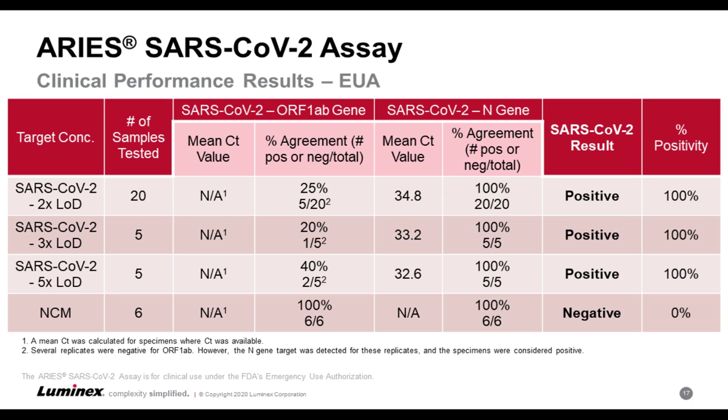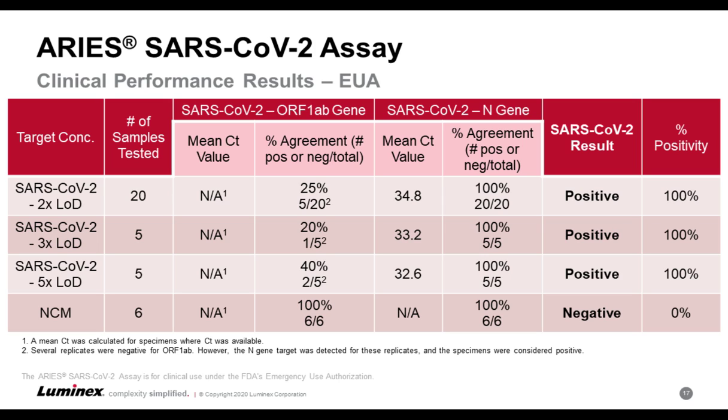We also did very similar experiments to determine the limit of detection for the Aries SARS-CoV-2 assay. In this case, we just did several dilutions and then determined what concentration of the material we could pick up 19 out of 20 times.